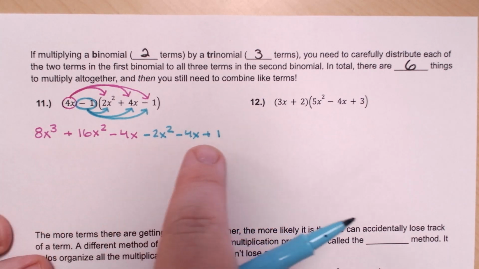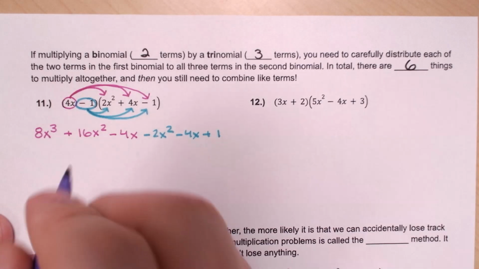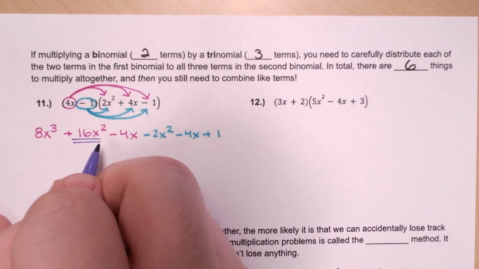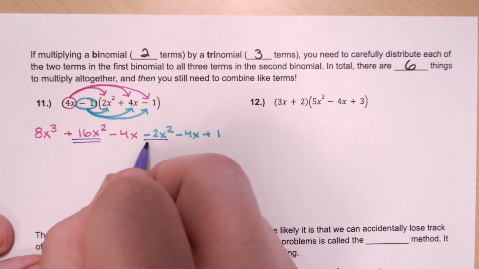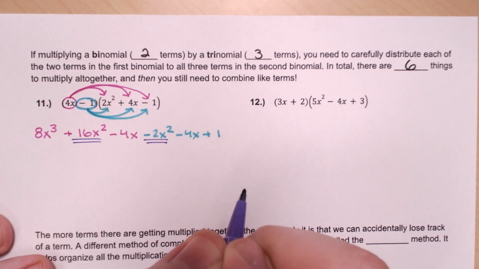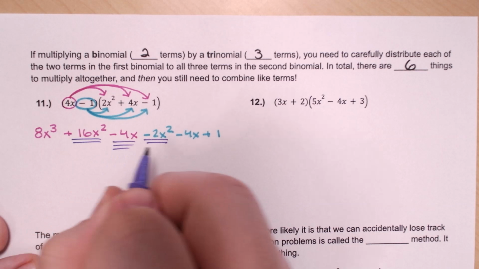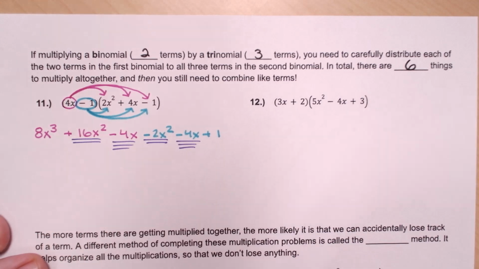Looking through that, there are some like terms. I've got a 16x squared and a negative 2x squared. And I've also got a negative 4x and a negative 4x.